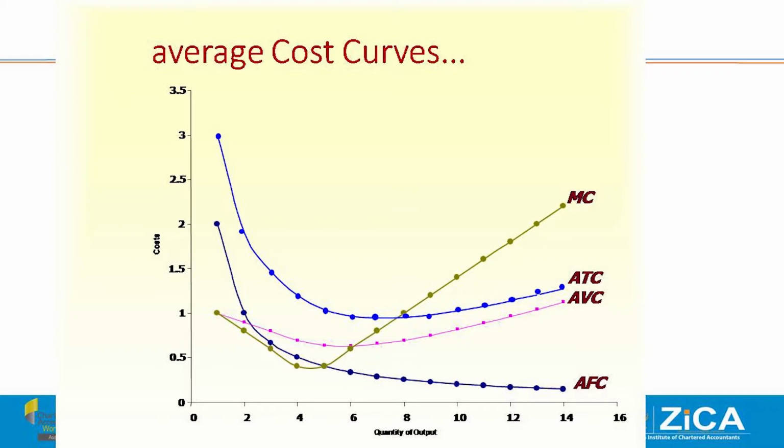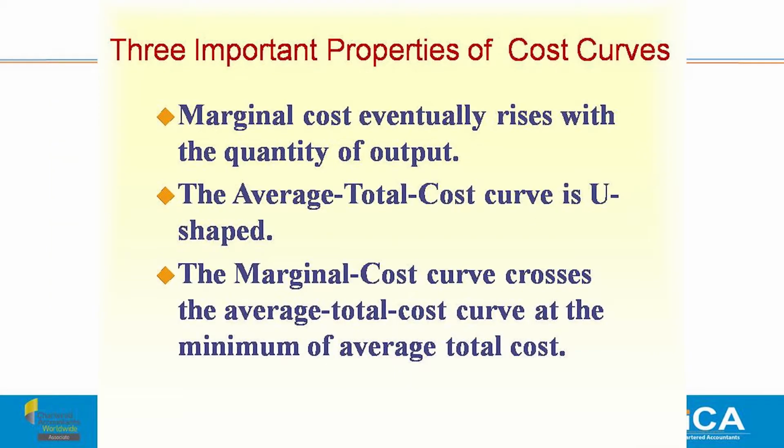It is imperative to understand why these shapes are there. Now, there are properties of the curves that we need to understand. Number one is that marginal cost eventually rises with the quantity of output. The average total cost is U-shaped, as we have already said. The marginal cost curve crosses the average total cost at the point where the average total cost is the lowest.